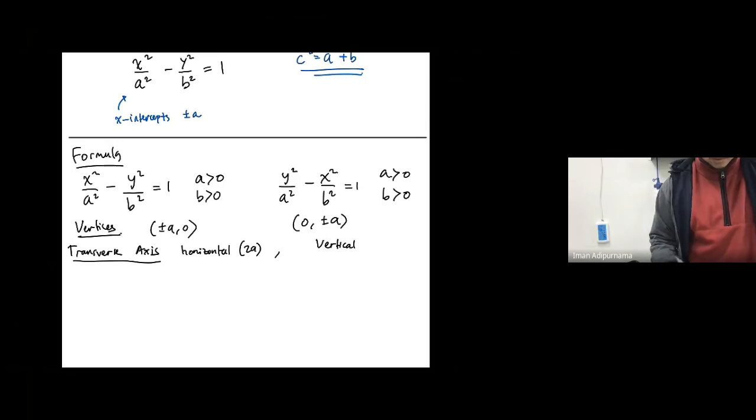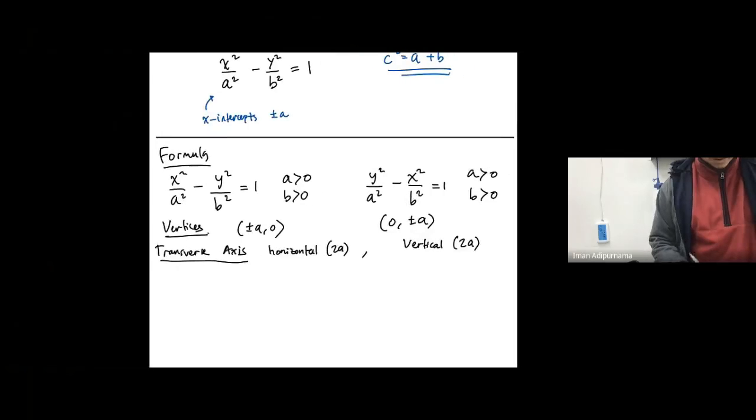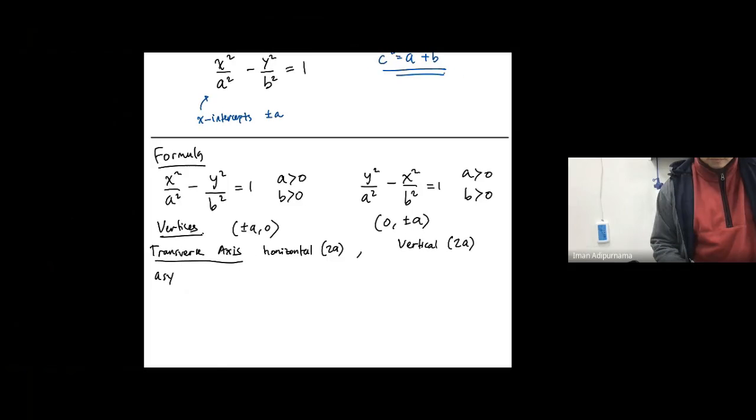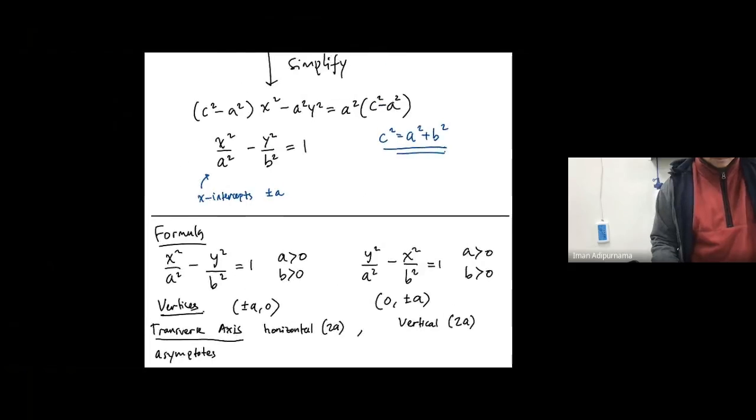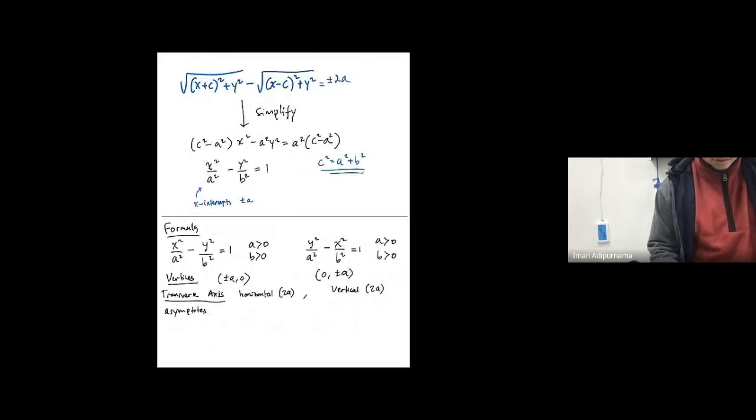You will see what the transverse axis means when I draw. But let me write first. Okay, the asymptotes. I think I can make this going up.